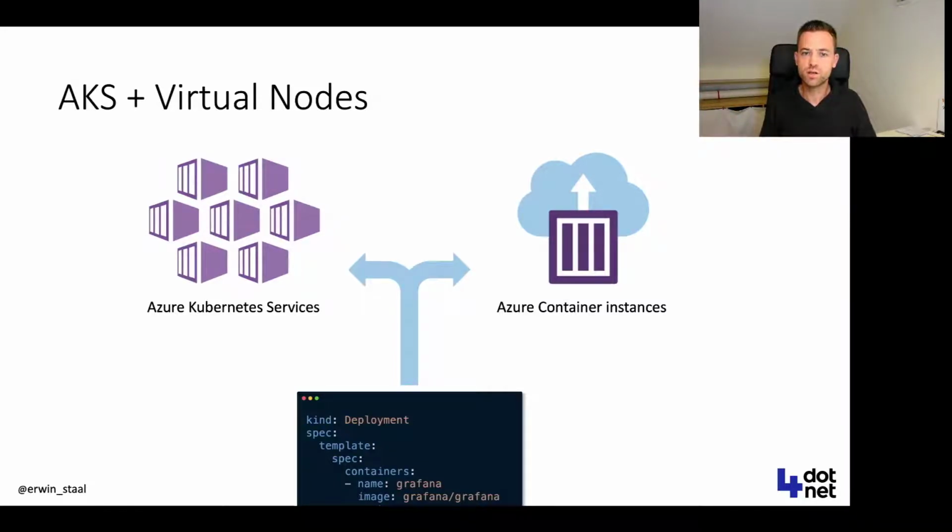And the beauty is that you can still talk to the same endpoint or the same Kubernetes API, but there will be a decision made on where to actually run that particular workload. And that's pretty cool. So then we can do the predictable stuff on a Kubernetes cluster, have dedicated resources available. That's also a bit cheaper compared to running on container instances, but container instances give us kind of infinite compute power on demand.